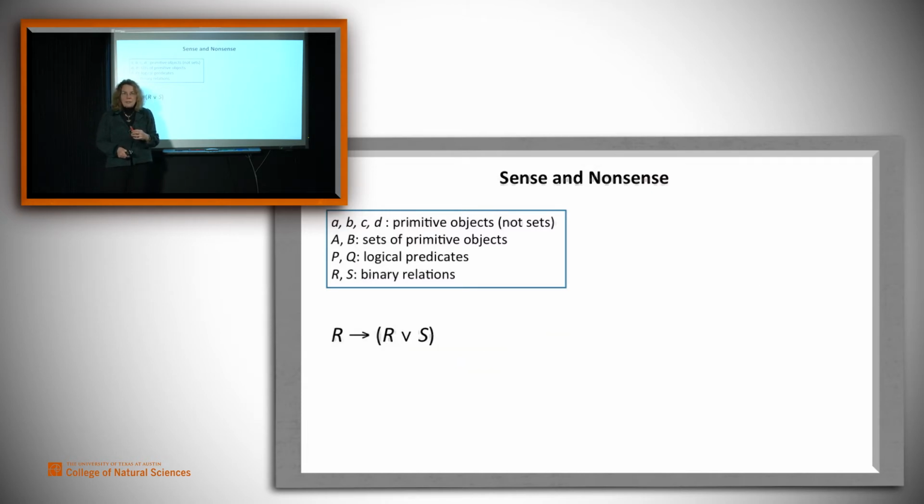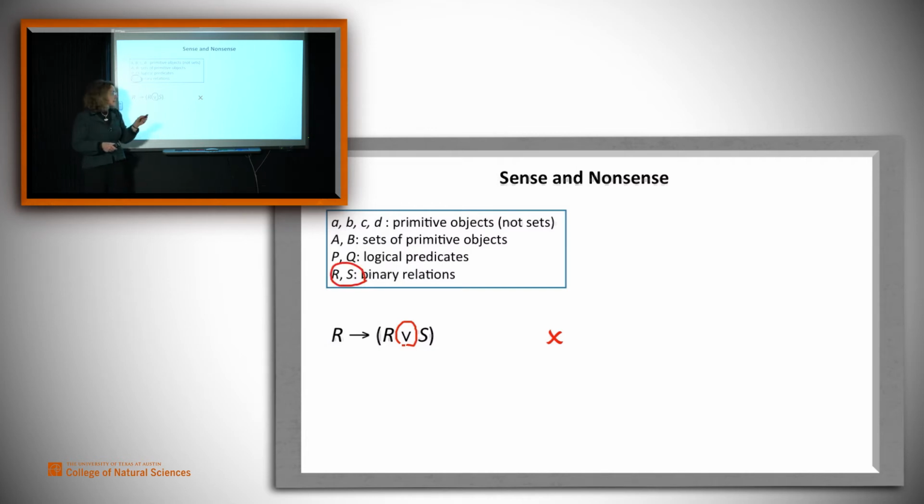Let's look at another example. Now we've got R implies R or S. That is nonsense. Why is it nonsense? It's nonsense because this is a logical operator, or, and that means that it gets applied to logical expressions. What are R and S? Oops, R and S are binary relations.